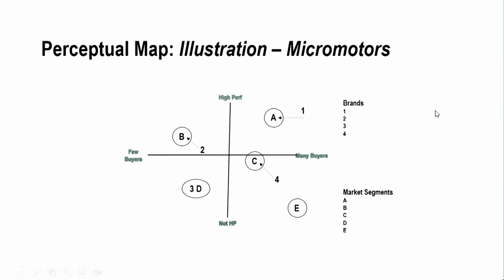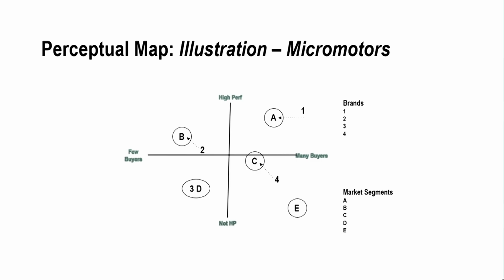Suppose your brand is brand number 1, and then you can see that brand number 1 is well positioned for segment A. On the x axis of this graph we have few buyers versus many buyers on the right, and on the y axis high performance capability versus not so high performance capability.